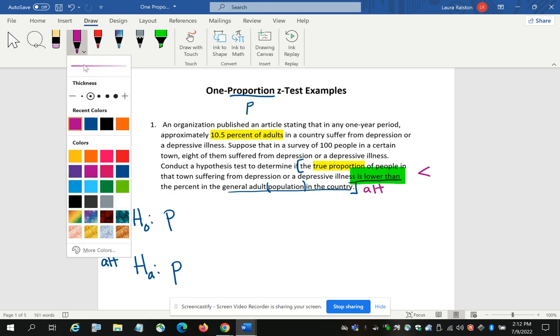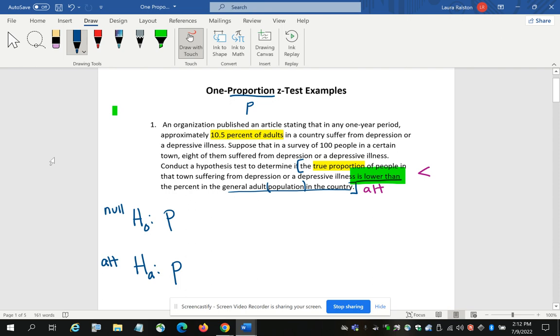So if I translate that statement into symbols, I have the population proportion is less than the 10.5%, and I convert 10.5% to a decimal. Now, if you guys have forgotten how to do that, to convert any percentage to a decimal, you take the percentage and divide by 100.